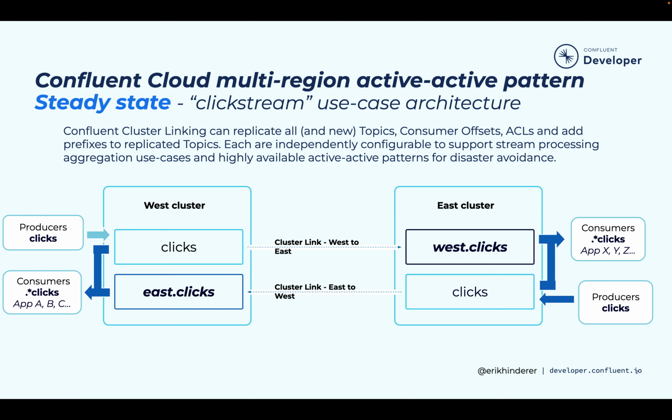What we're looking to do is replicate west to east and east to west so that we can achieve both aggregation and a highly active-active design pattern. So what I'm going to do today in the demonstration is show you how to use cluster linking within Confluent Cloud to achieve just this.